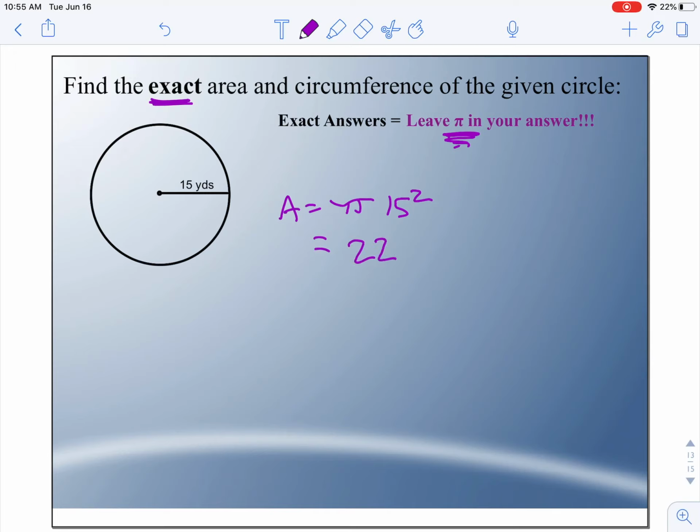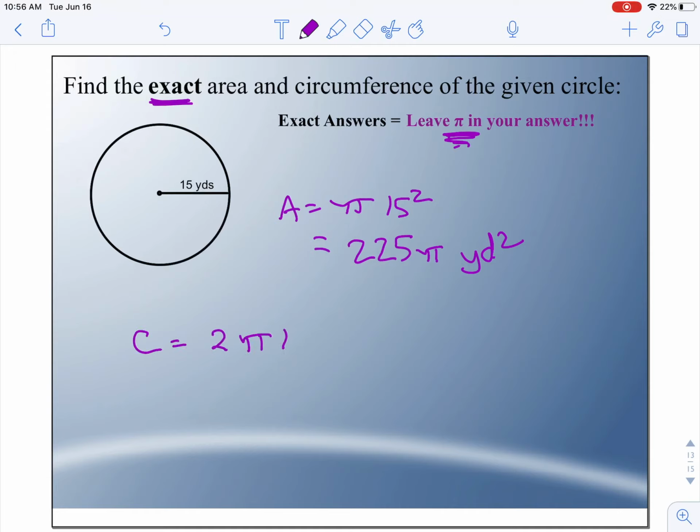Well, 15 squared is 225. So the exact answer is 225 pi yards squared. Now, it doesn't seem like it's more exact, but it is, because you're not rounding any of your answer. All of the digits and decimal places for pi are in your answer still.